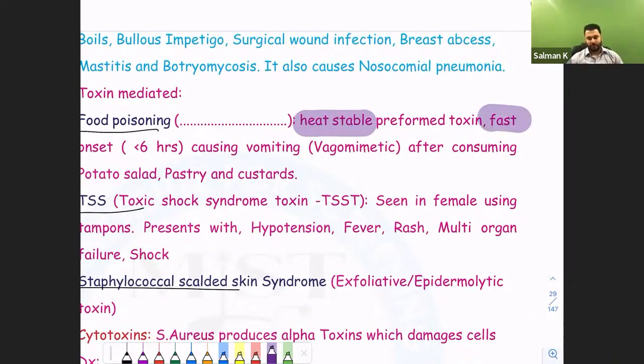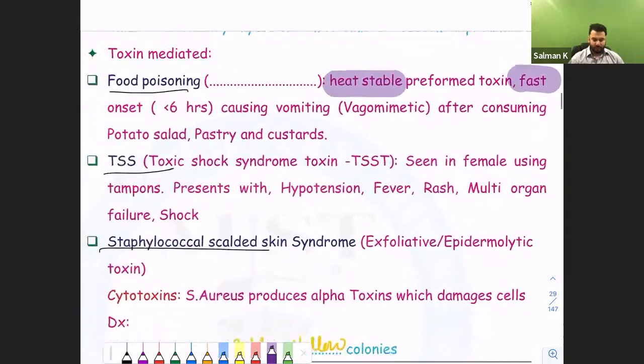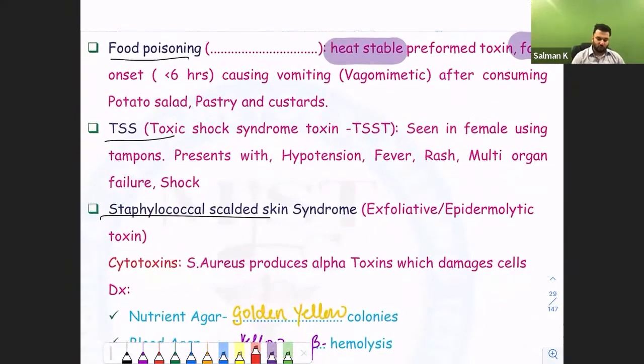So we can say heat stable and fastest onset. This is the word that you all should understand. Now that being said, look here. Toxic shock syndrome is going to present as shock. So that's about this.